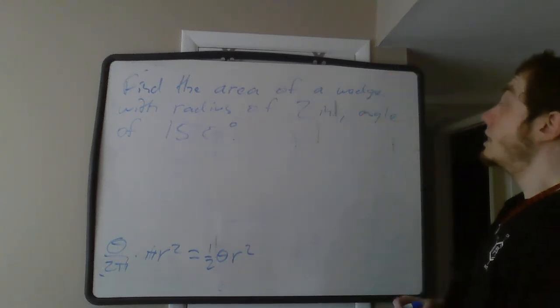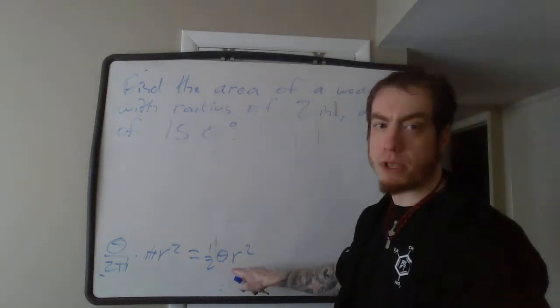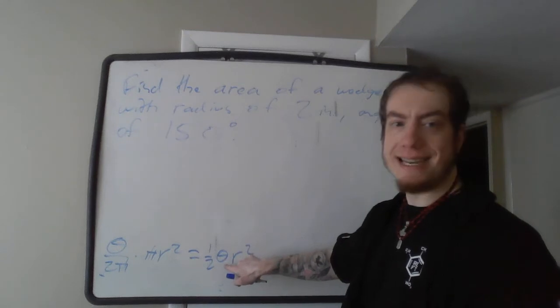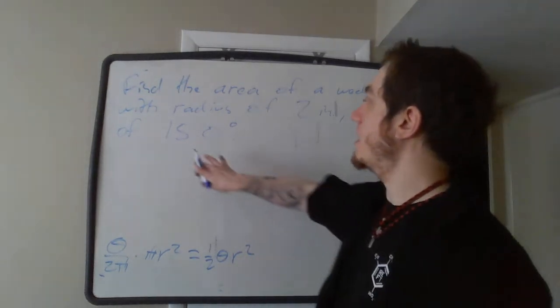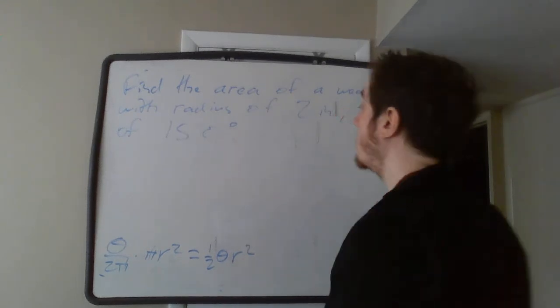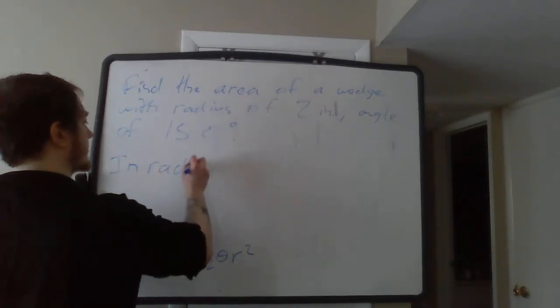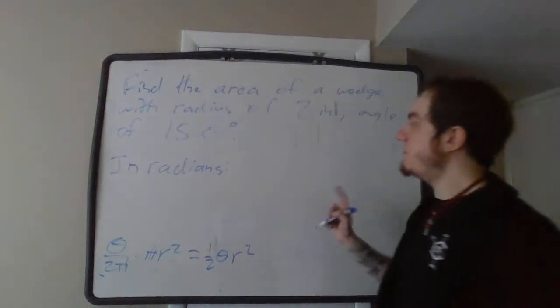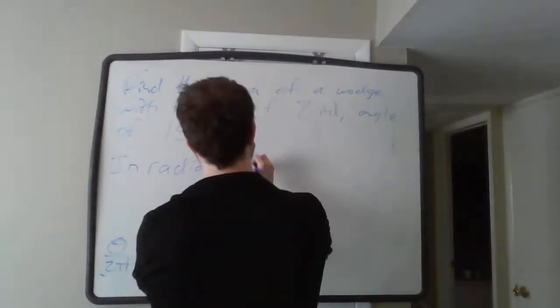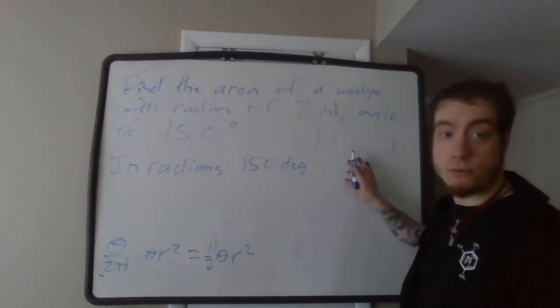So the thing that we want to do here is we're going to use the same formula, but I have to remember theta needs to be in radians. I can't just plug in 150 here. But what I can do is say that in radians, I would have 150 degrees times, what should I put over here?